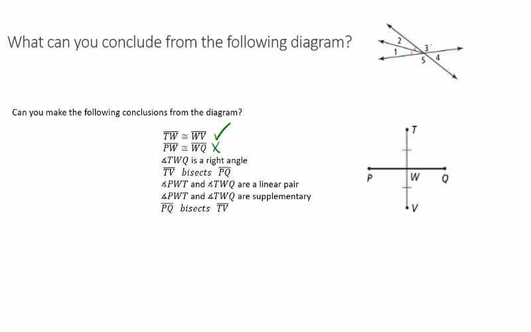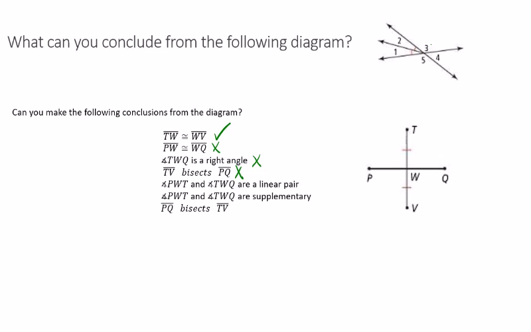However, we don't have any information that would give us that as a fact, so we can't assume that. TV bisects PQ. Once again, it looks like it, but we would have to know that this is congruent with this, and we don't know that for a fact, so we're not able to conclude that by the diagram.